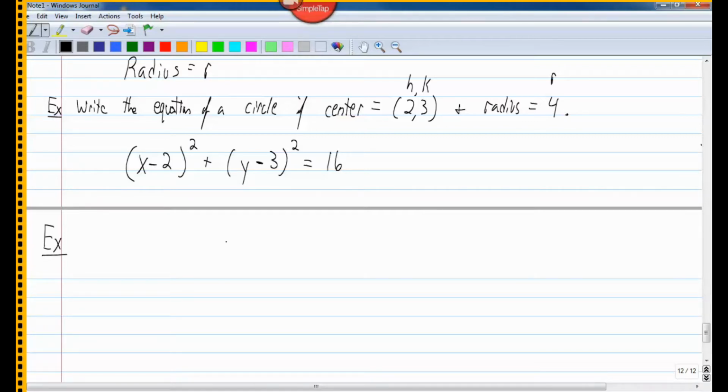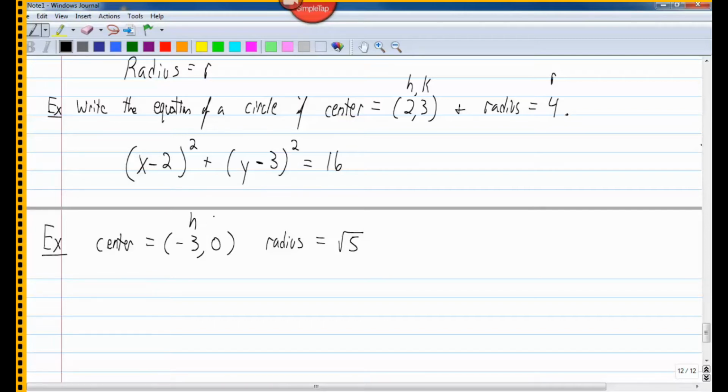Okay? Same directions. Let's let the center equal (-3, 0). And let's let the radius equal the square root of 5. Okay. So there's h, there's k, and there's r.